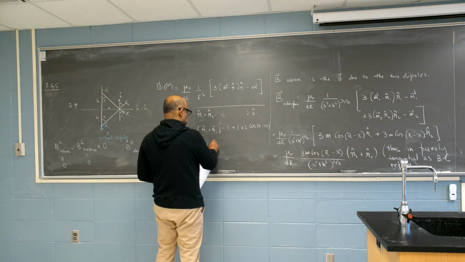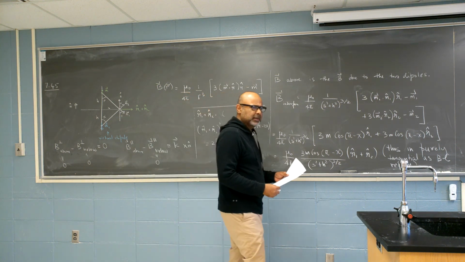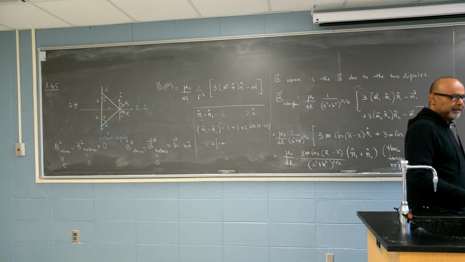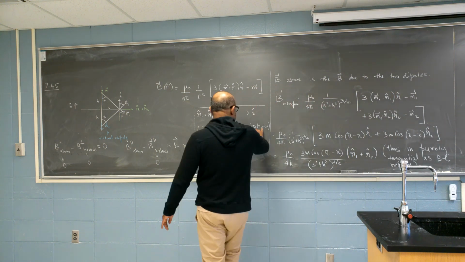Good. So that is 2 times 1 plus cosine of pi minus 2 chi. What is cosine of A minus B?